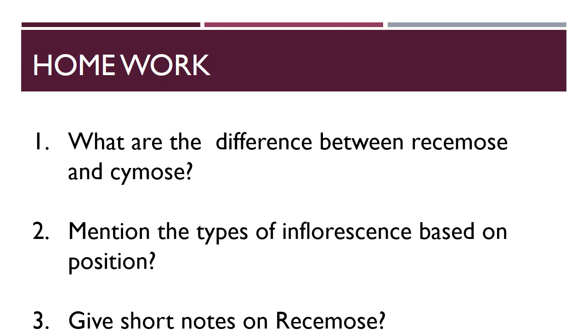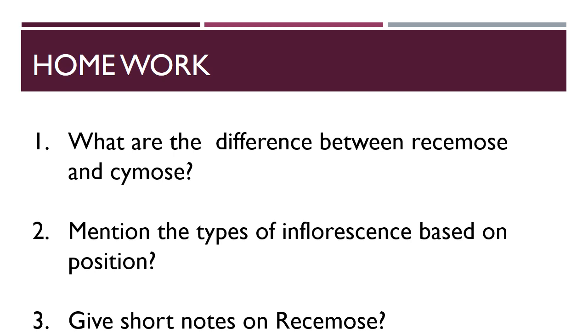Then we learned the differences between racemose and cymose. These are the key points I said. First, racemose has unlimited growth, while cymose has limited growth. In racemose there is acropetal succession, and in cymose, basipetal succession. In racemose, the opening of flowers is centripetal; in cymose, centrifugal.